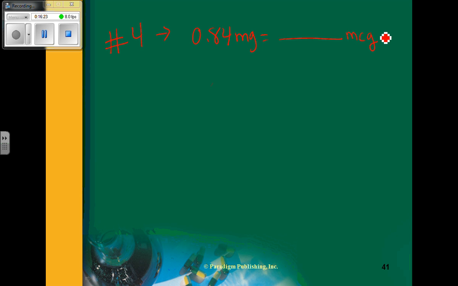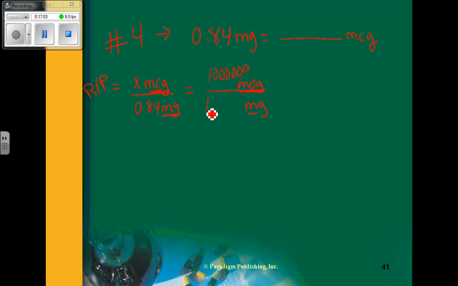If you were to do the ratio and proportion method, you have X micrograms over your 0.84 milligrams. With the ratio and proportion, remember the units on the top must match. So if you have micrograms here, you have to have micrograms here. If you have milligrams here, you have to have milligrams here. Again, you do the same thing. You look into your chart. Micro means a million.